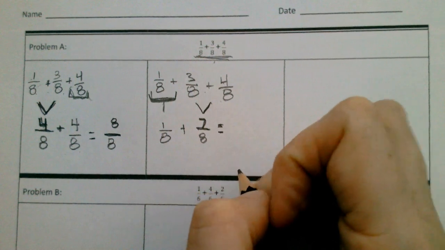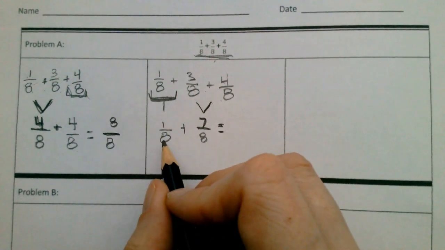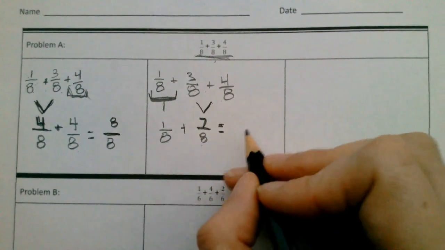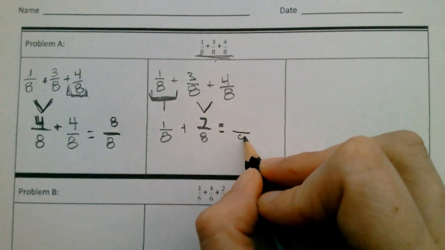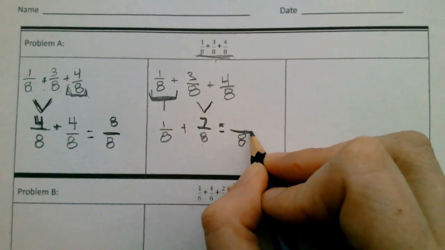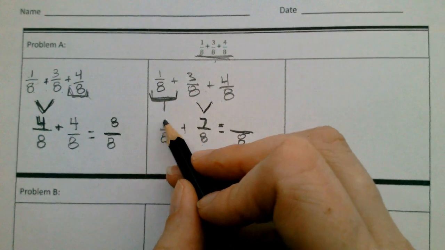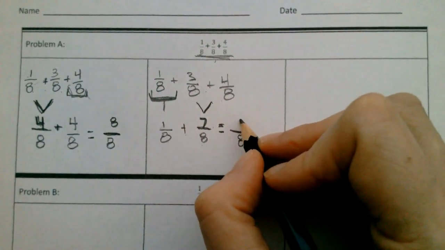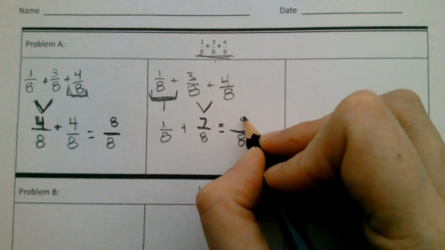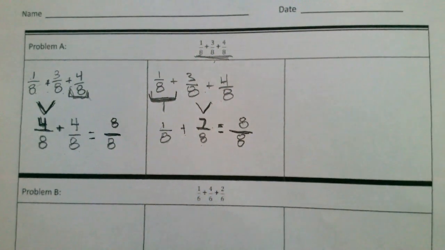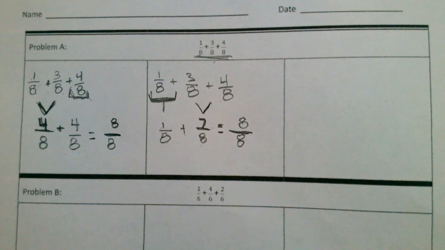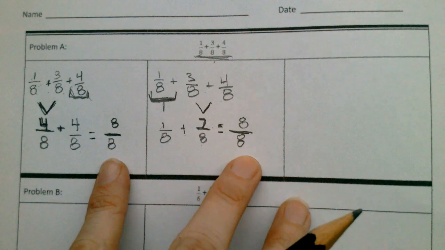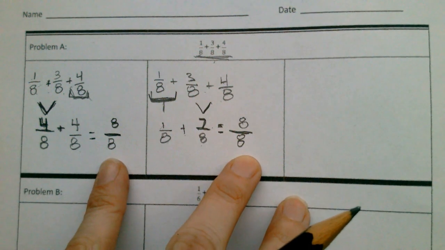Let's add and get our total for this one. When we're adding fractions, they have the same denominator, so we keep it the same. And then for the top, 1 plus 7 equals, everybody, 8.